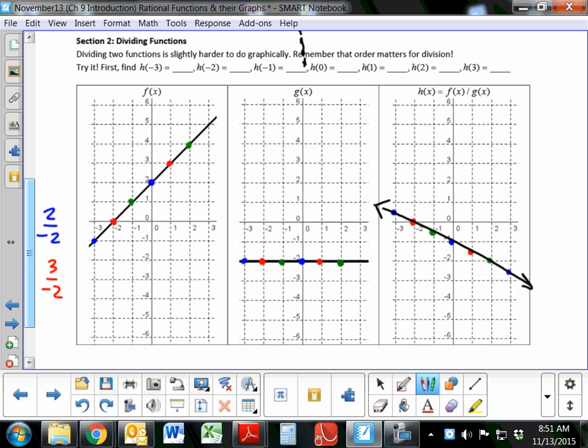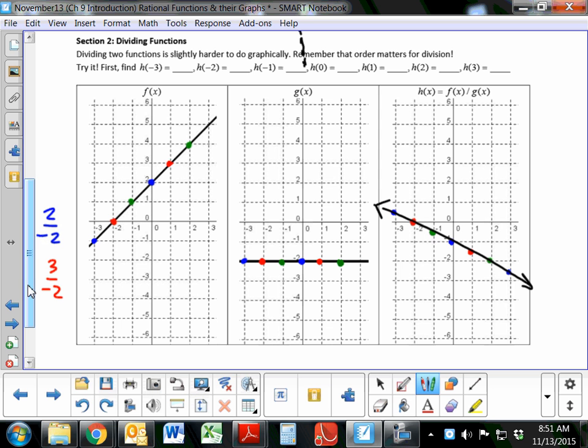There's a reason we're trying to explore this, because I said today that our goal is to investigate something called a rational function. So we're trying to investigate what a rational function looks like and how it gets created. What I want you to do today, your last goal, which you're going to turn in before you leave so I know you did it. Those of you who had done nothing.